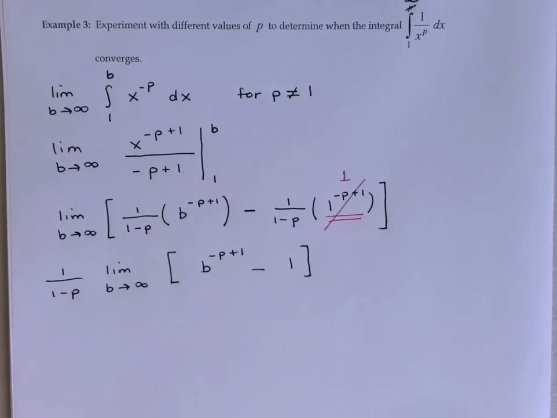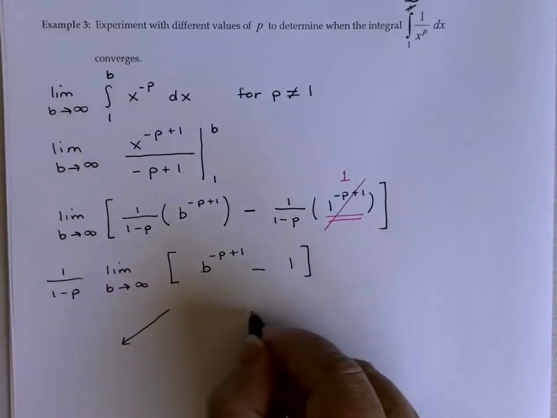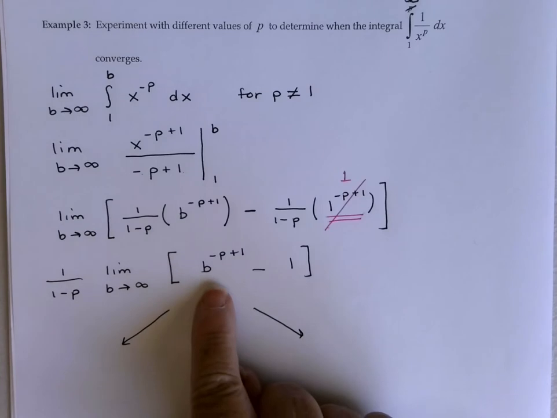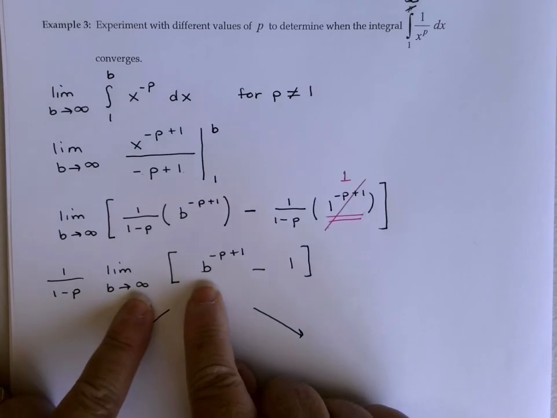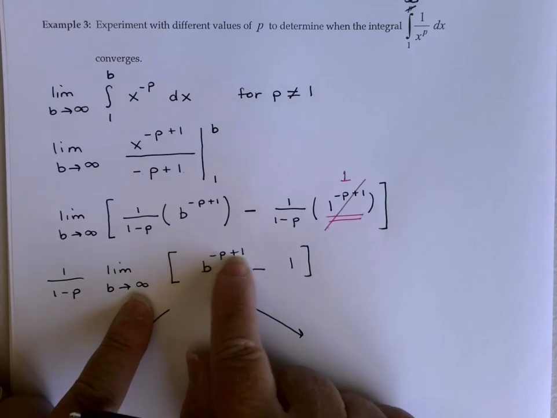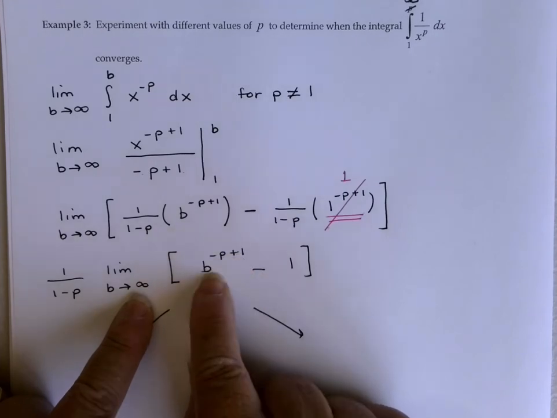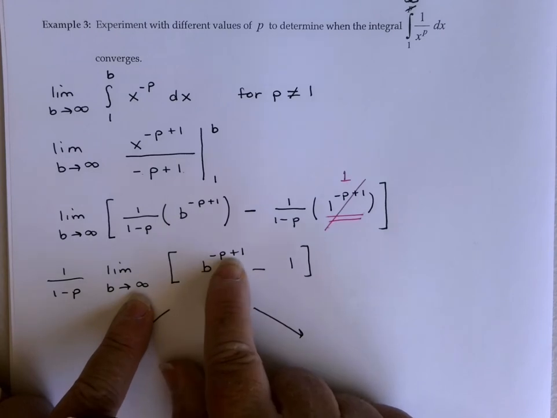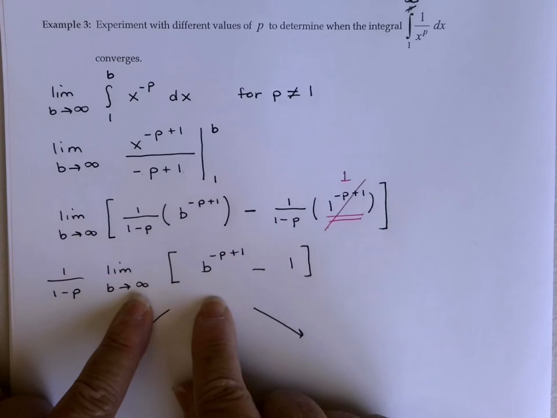All right, this is where we're going to have a couple of different cases. What happens to this as b goes to infinity? Well, if that exponent is positive, the infinity is in the numerator, and it will stay infinity. But if that exponent is negative, it's really in the denominator, and infinity in the denominator goes to 0.